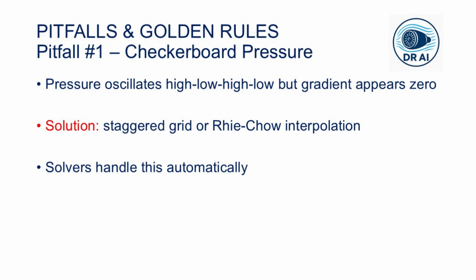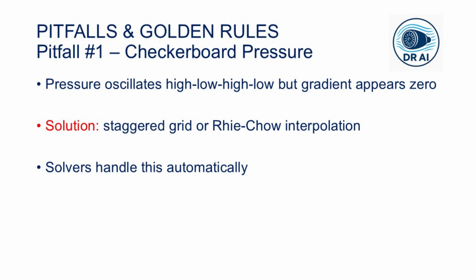Now we move on to the common pitfalls and how to avoid them. Imagine you have a uniform velocity field, but pressure oscillates high, low, high, low at neighboring cells. A central difference scheme for the pressure gradient might see zero gradient because p high minus p low divided by delta x looks the same as p low minus p high divided by delta x, so they cancel out.